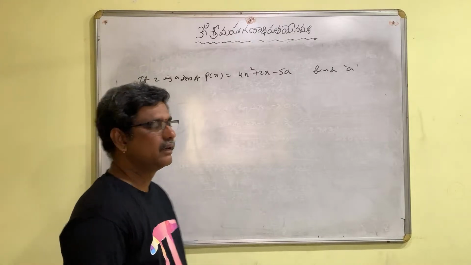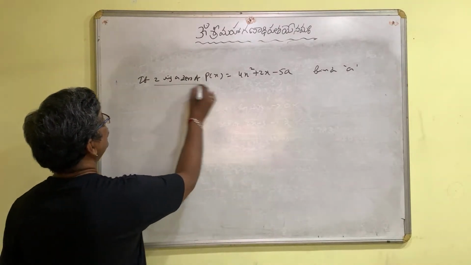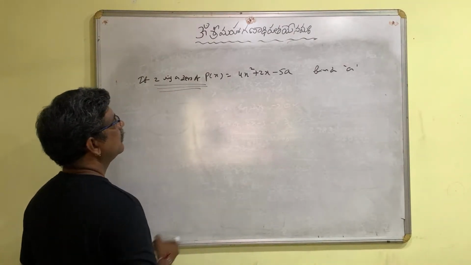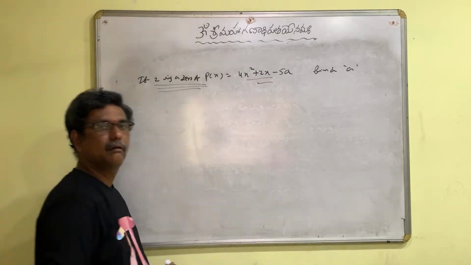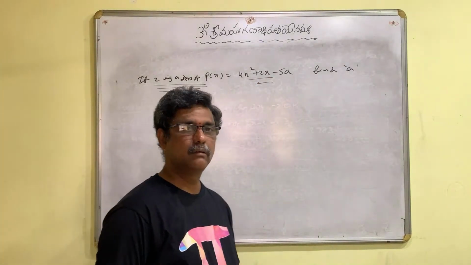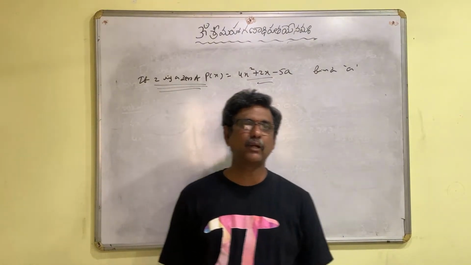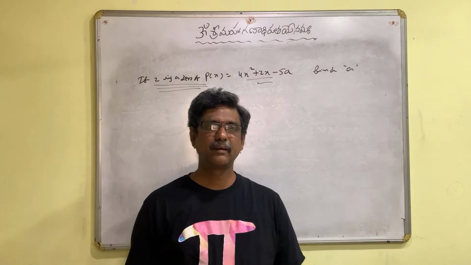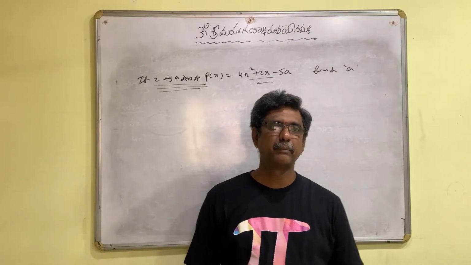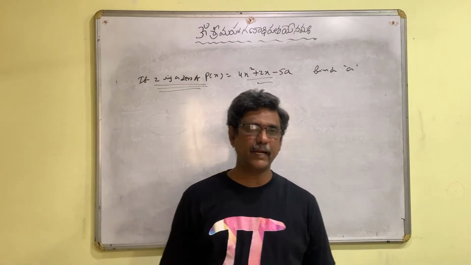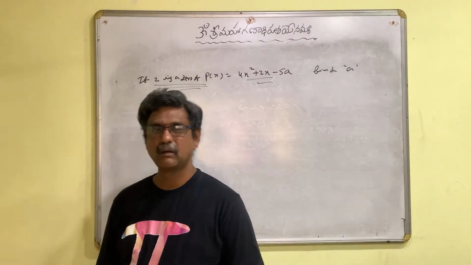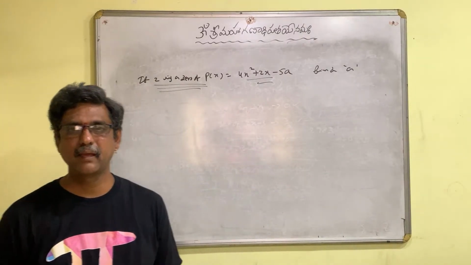See, it is clearly given that 2 is a zero of this polynomial. What does it mean, children? Given 2 is a zero of p(x), what does it mean? Anyone?